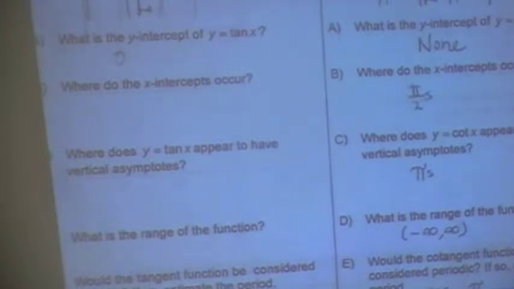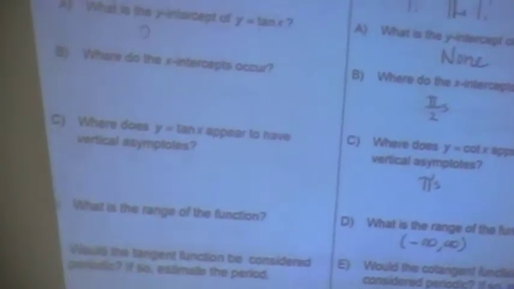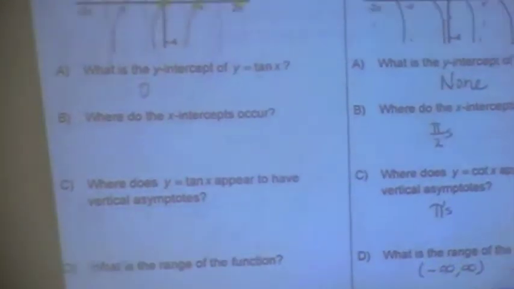Cotangent doesn't. Tangent is a rising function. Cotangent's a falling function. So these are the kind of things that you're going to look for in order to tell the difference between the two. Cotangent's falling because it starts at the top left and goes down to the right, so it's a falling function. Whereas tangent rises from the left to the right.